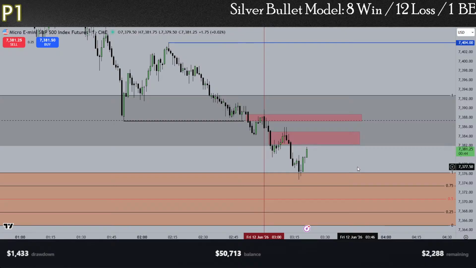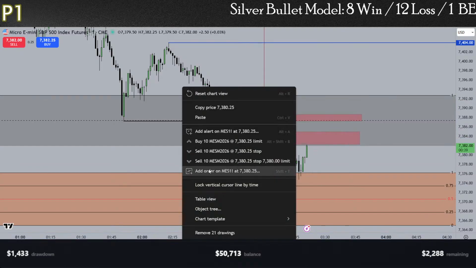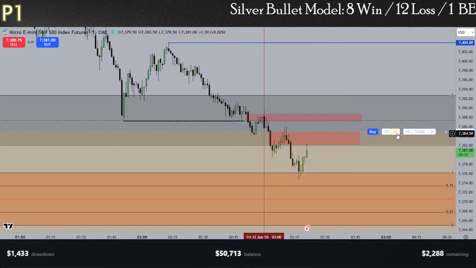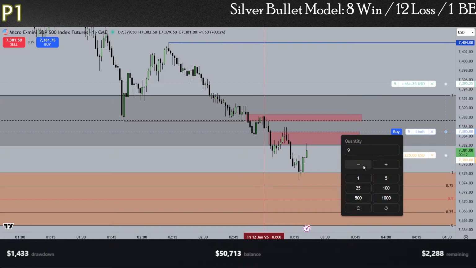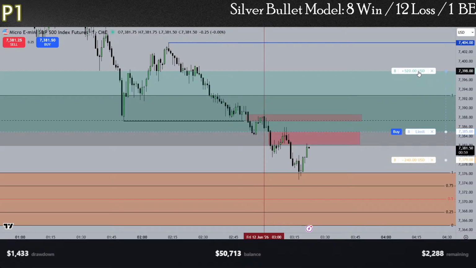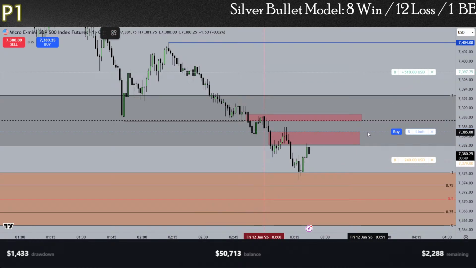Alright, so we are definitely showing some measure of turnaround here, after we traded to this bullish inversion fair value gap on the 15-minute.